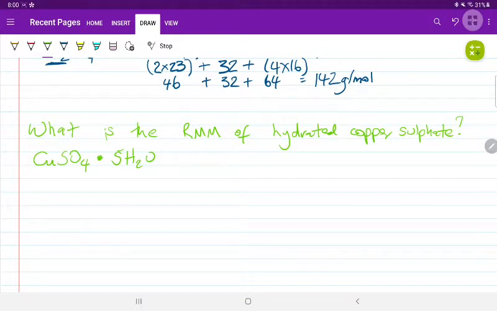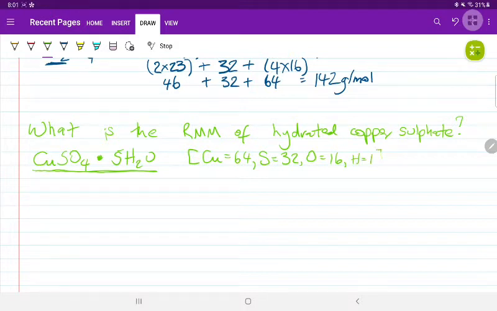And the formula for the compound is this, where we have these water molecules in the structure, these water of crystallization molecules. So if you're given something like this in a test, you're also going to get the relative atomic masses. So copper is 64, sulfur is 32, oxygen is 16, hydrogen is 1.